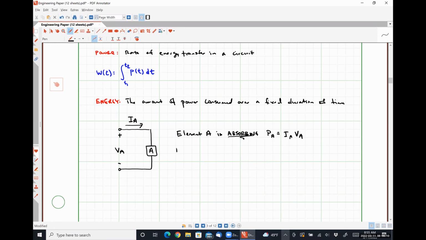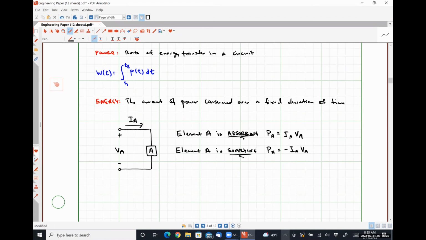Or alternatively, we can say that element A is supplying PA equal to negative IA times VA amount of power.